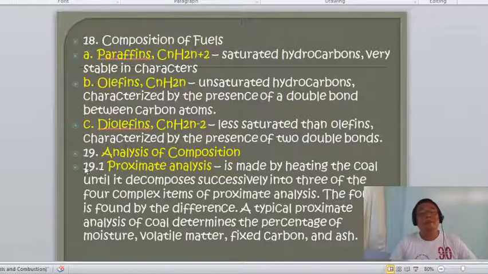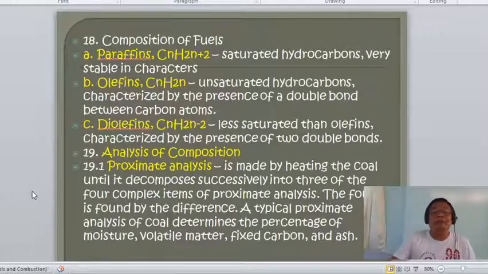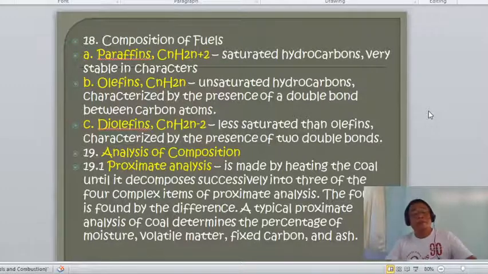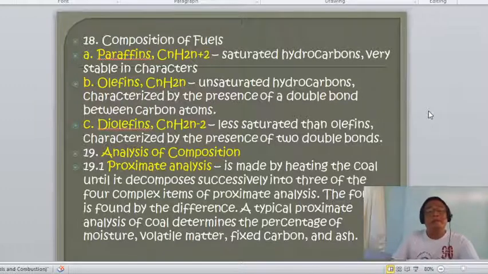So a typical proximate analysis of coal determines the percentage of moisture. Okay, take note. Percentage of moisture, volatile matter, fixed carbon, and ash. So this only defines four. Anyway, so let us define these four constituents.